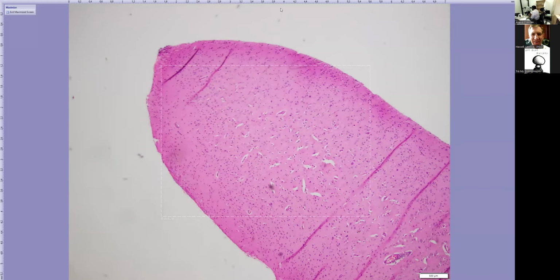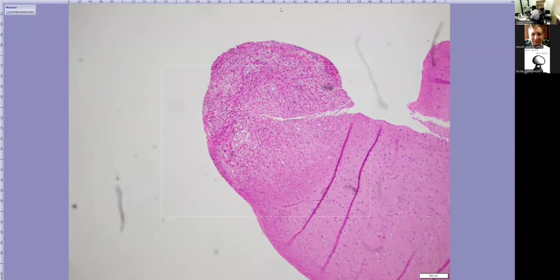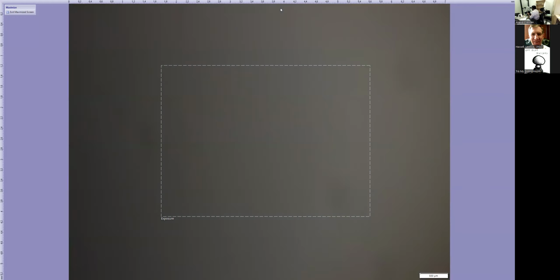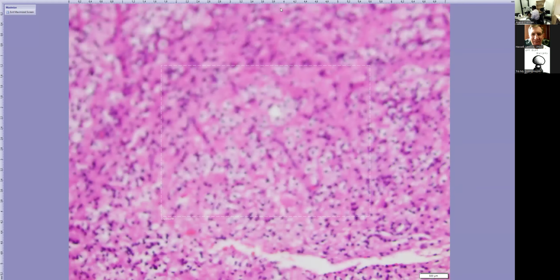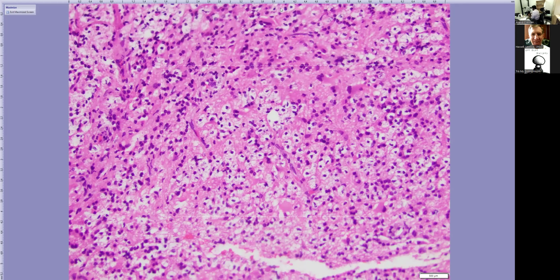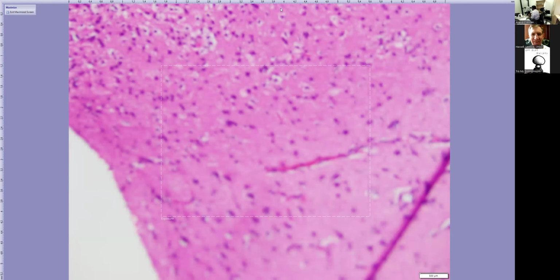So the brain parenchyma shows gliosis, and there was a focus which has clear cells. And when you look on high power, they look like histiocytes. They have this bubbly cytoplasm, very bland appearing nucleus.